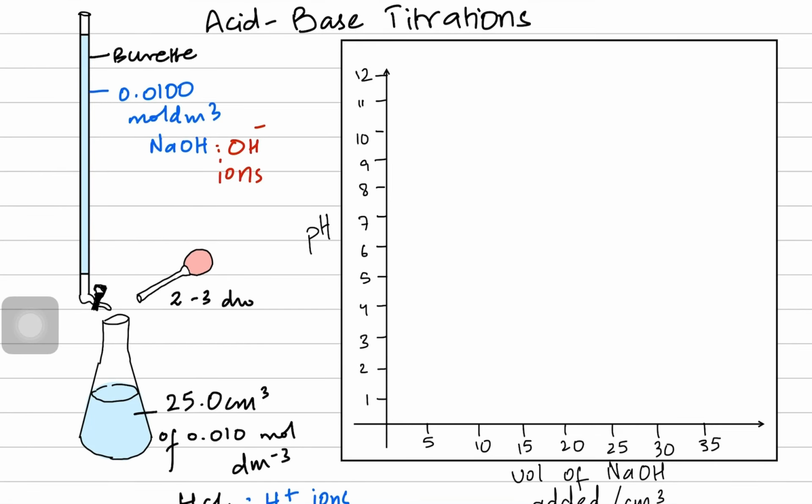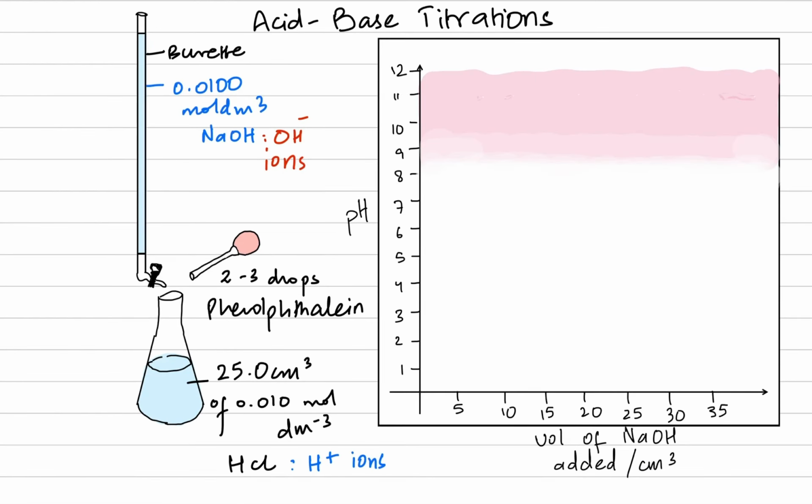Before that, I'm going to be adding 2 to 3 drops of the phenolphthalein indicator, which has a pink color at a pH of above 8.2, and it is colorless at pHs below 8.2. So your conical flask will show a color change.